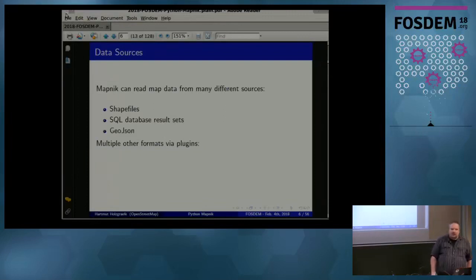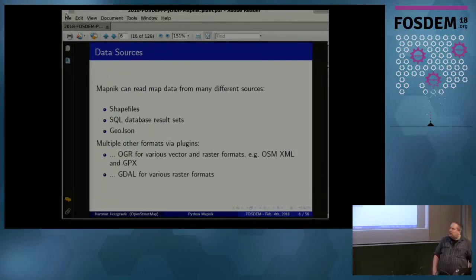And we can natively use GeoJSON files. And also via plugins, we can read further file formats like the native OpenStreetMap XML format, GPX extracts, and via the GDAL library, different raster image formats like satellite images and stuff like that.